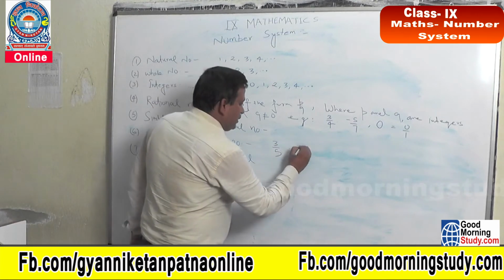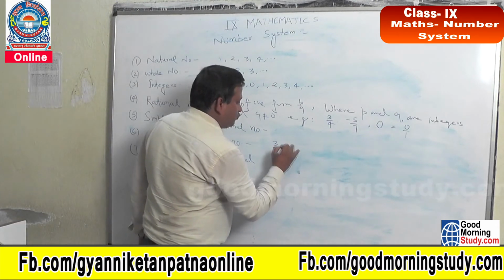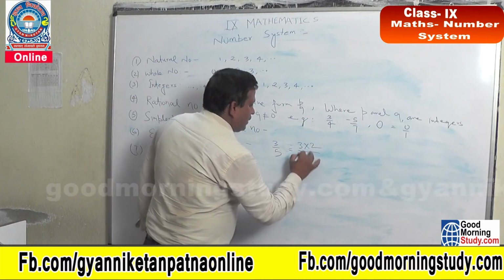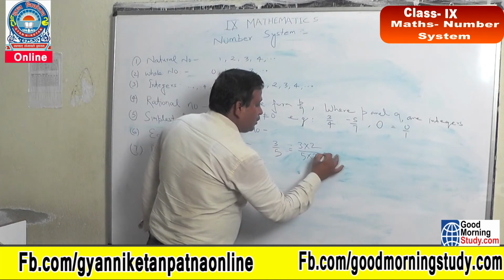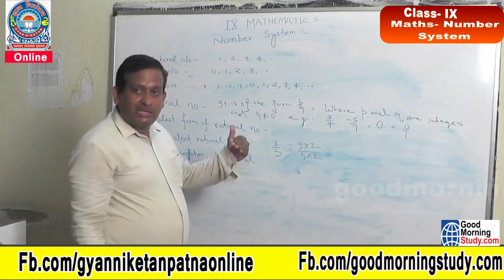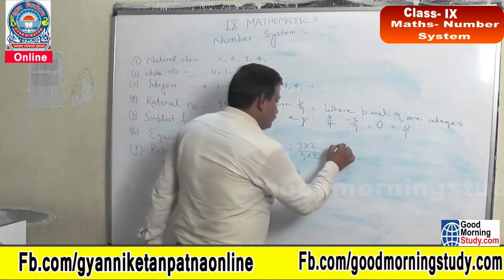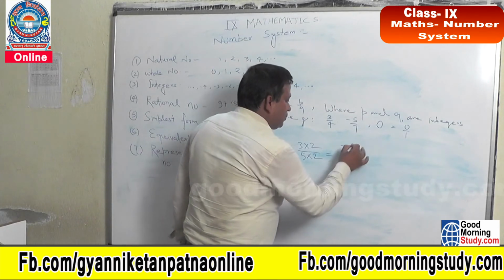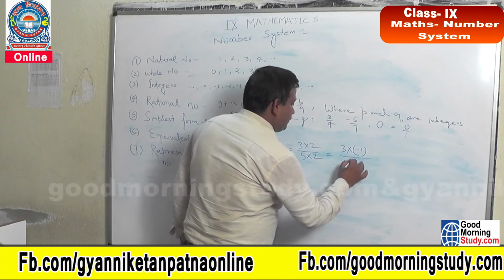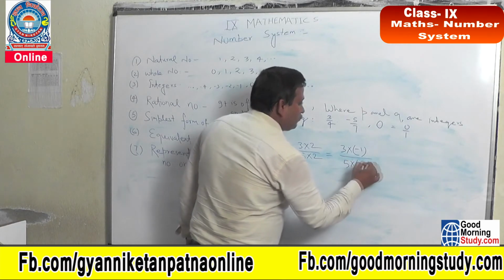So I am multiplying first of all both numerator and denominator by 2. So 3 into 2 by 5 into 2. We can multiply both numerator and denominator by a negative also. So 3 into minus 1 divided by 5 into minus 1.